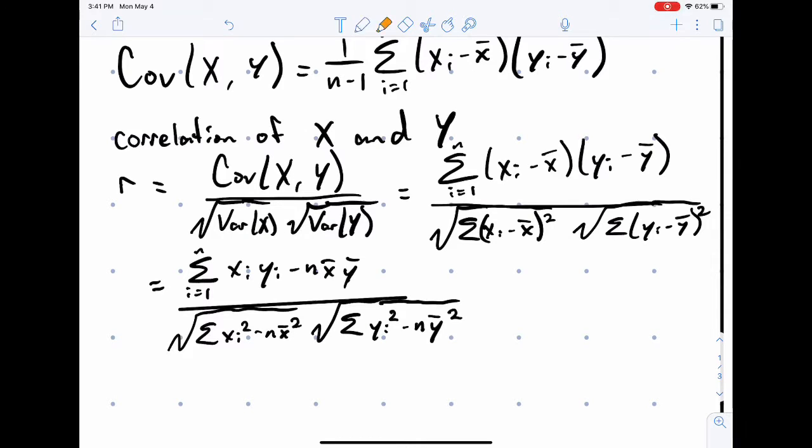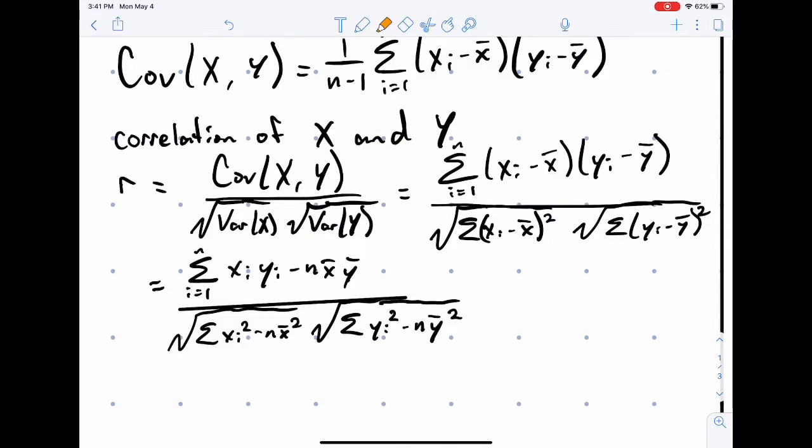Here is another way to write it, just doing some algebra on it, but this is probably the easiest way to compute it if you're going to compute it by hand, given a bunch of numbers. You just plug in your pairs of xi and yi, and you compute the mean of x and the mean of y, and use that throughout the equation, and then you can get the correlation coefficient.